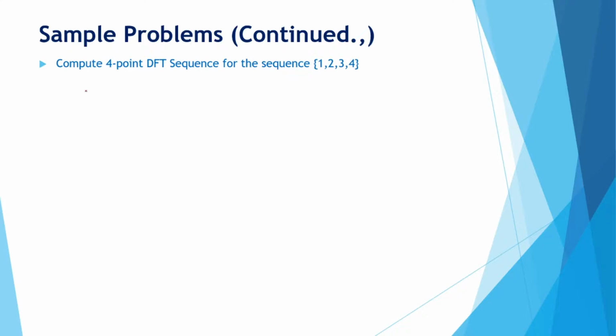When you substitute the samples, x of k is equal to 1 plus 2 into e power minus j pi k by 2, plus 3 into e power minus j pi k, plus 4 into e power minus j 3 pi k by 2, for k equal to 0 to 3.